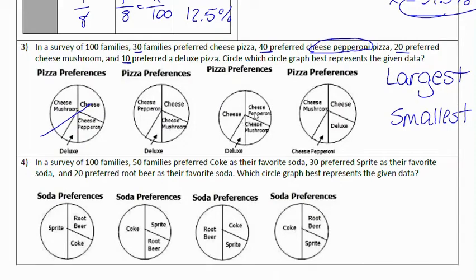Is cheese pepperoni the biggest here? Nope. Is it the biggest here? Nope. So I'm only left with this one. Double check yourself though. The smallest piece would be the deluxe, and deluxe is smallest here. So that's why this pizza pie circle graph would be the solution.